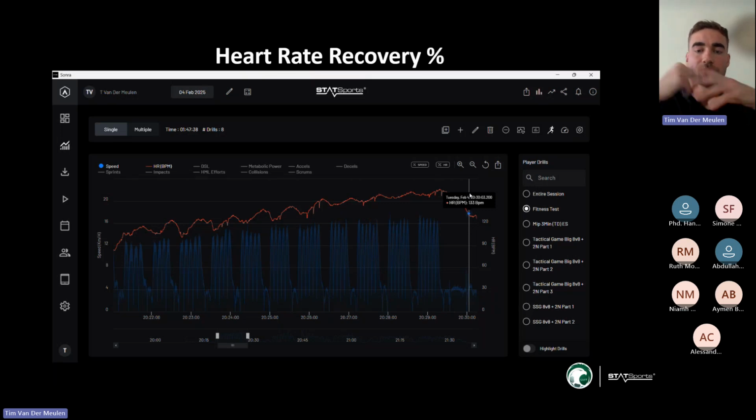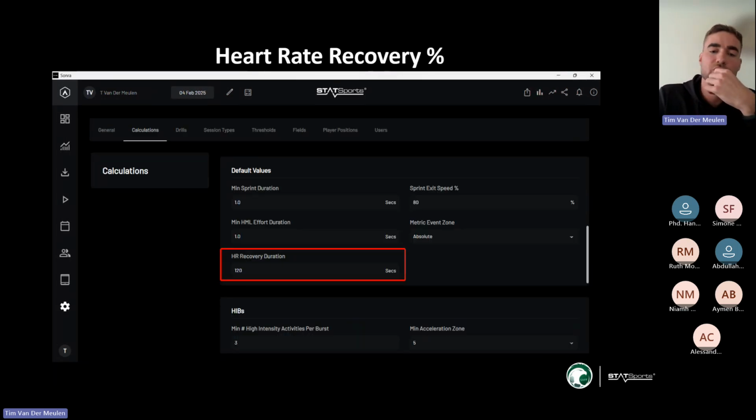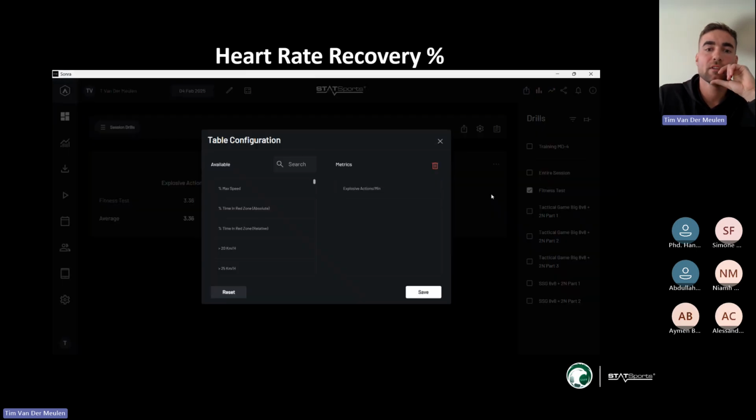So after each drill, you can look at the ability within that individual to recover quickly. The duration for the heart rate recovery percentage can be set in settings. As you can see, I've selected a duration of 2 minutes.